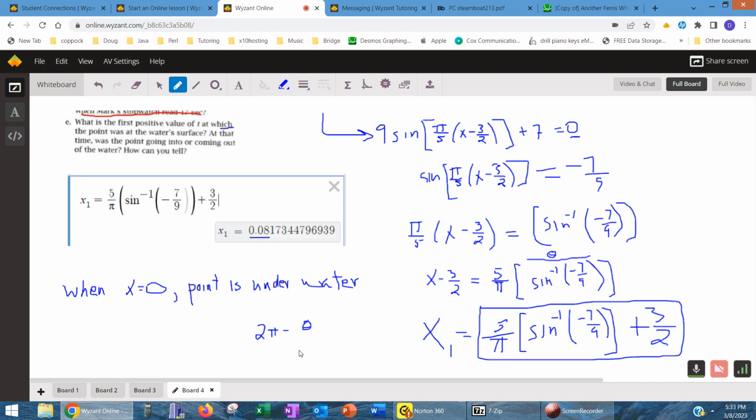We could replace that with theta plus 2 pi, going around and around and around. And that's where we say 2 pi k or 2k pi. And we could say the same thing here, plus 2k pi. I think that's the answer to part F. Okay, where we substitute that value into here.